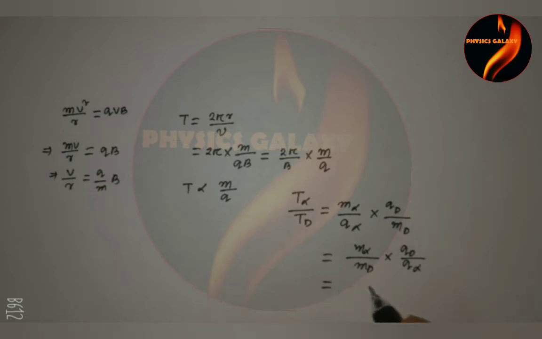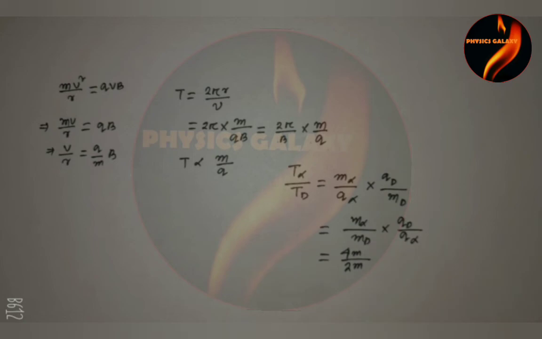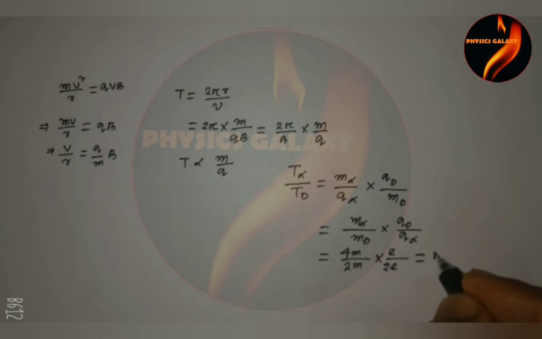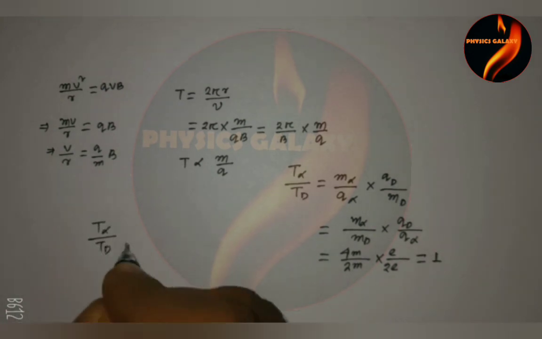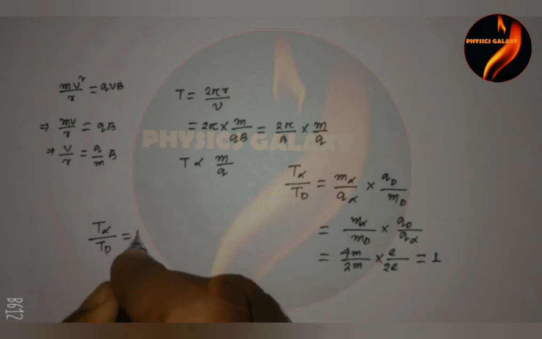So put in the values: 4m and the mass of deuteron is 2m, and the charge of deuteron is e and q alpha charge is 2e. So the calculation of T alpha by T deuteron is equal to 1. So the ratio of the time periods T alpha and T deuteron equals 1.